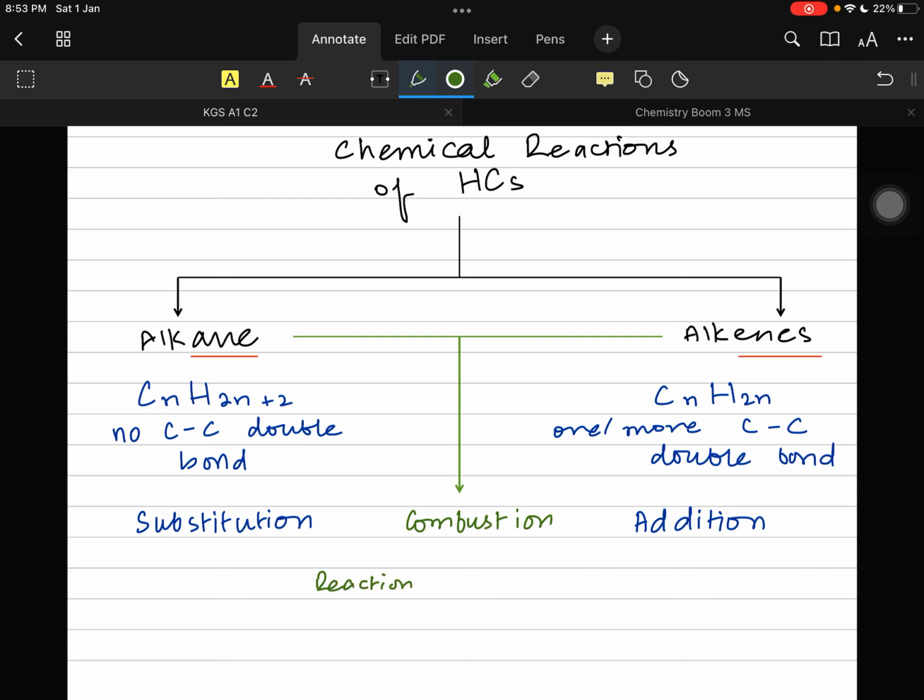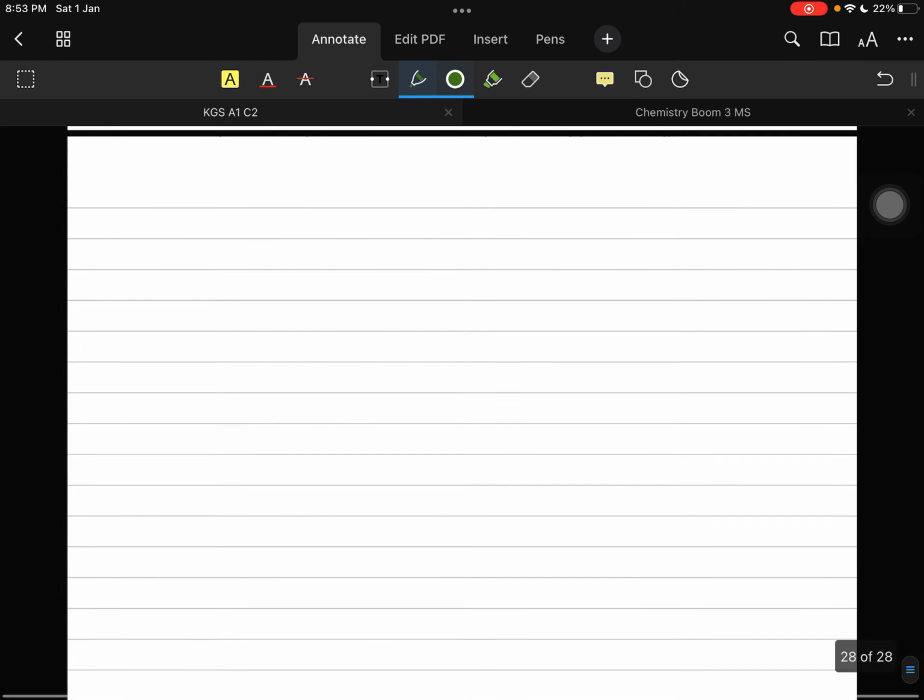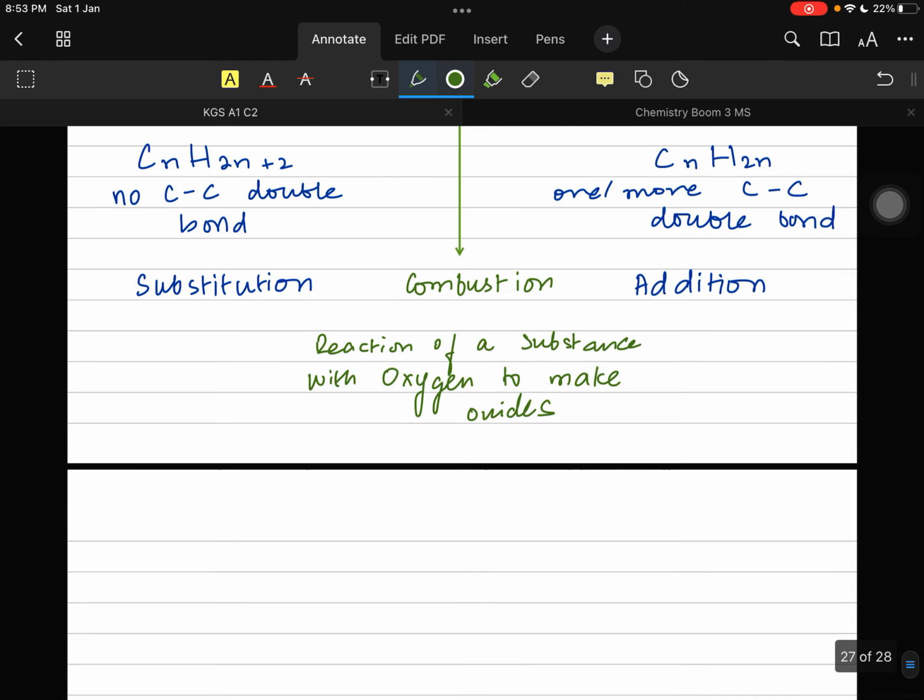with oxygen to make oxides. So whenever a substance reacts with oxygen, it is known as combustion. It makes its oxides. So whichever elements are there, they individually react with oxygen and make their own individual oxides.